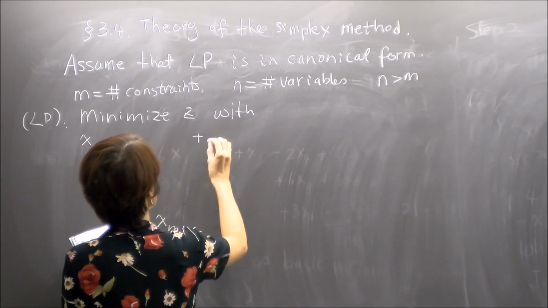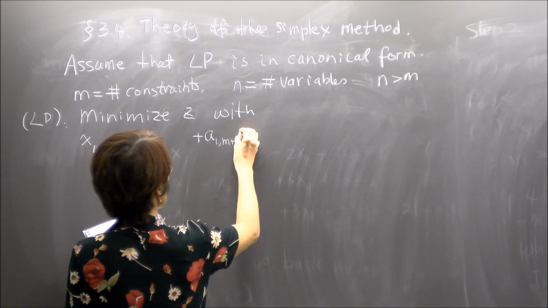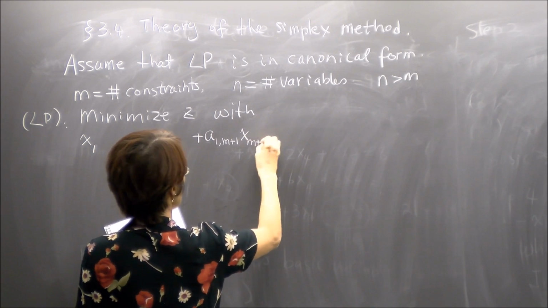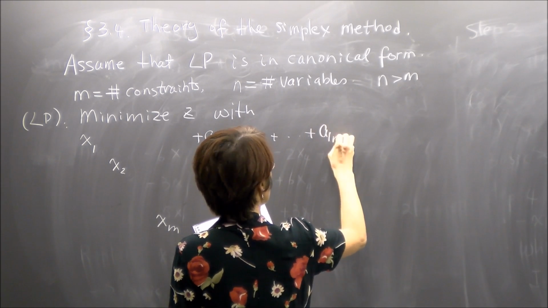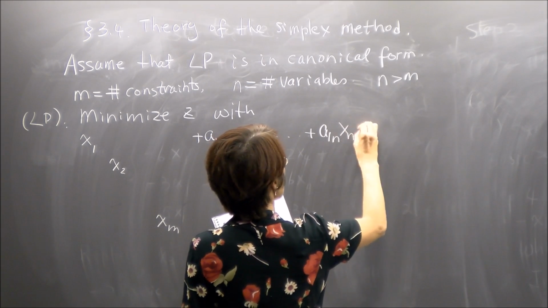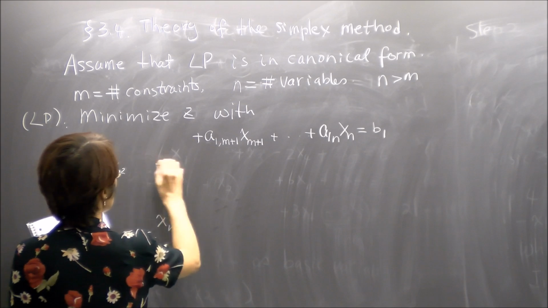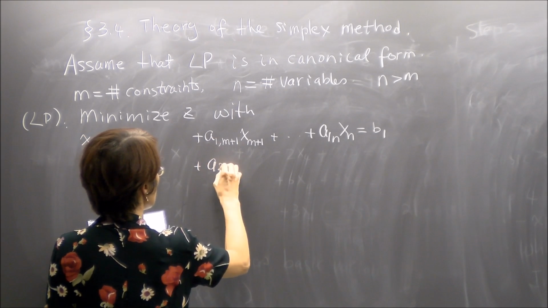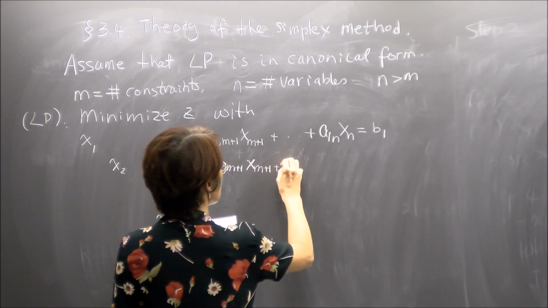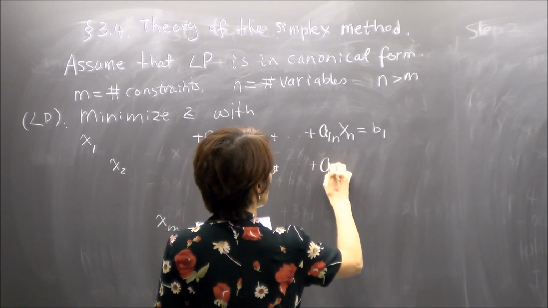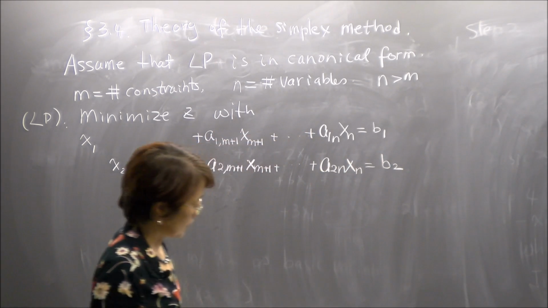So this will be plus a1, m plus 1, xm plus 1, plus dot, dot, dot, all the way to n, equals b1. And then x2, that will be a2, m plus 1, xm plus 1, plus dot dot dot, plus a2n xn, equals b2.